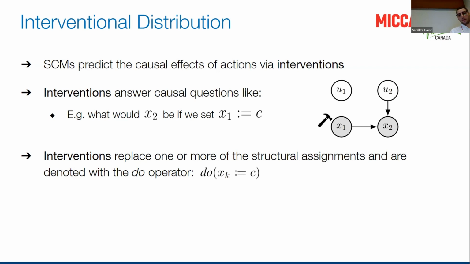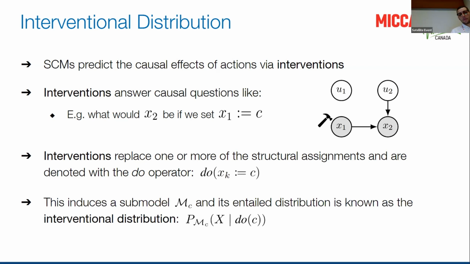So we've set it to this constant c in this example. It is no longer influenced by the exogenous factor u1. Performing interventions induces a submodel M_c, and the entailed distribution of this submodel is called the interventional distribution. This is generally different from the observational distribution we talked about previously.